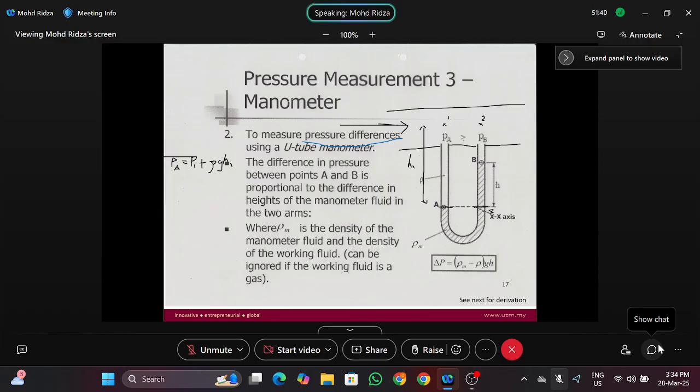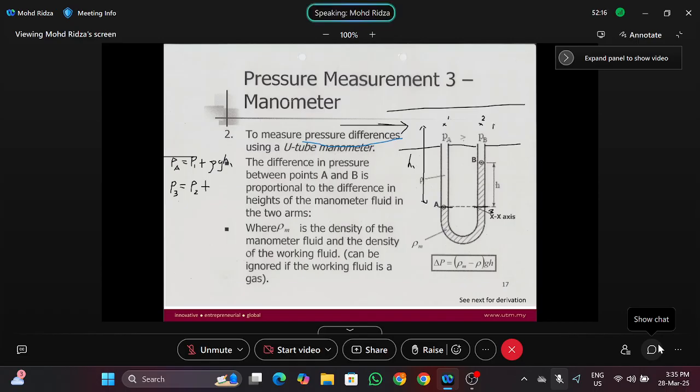What is the equation for pressure at point 3? Let me start at point 2. So P2 plus, because we are going down. Now from point 2 to point 3, actually there are 2 liquids, right? You have the liquid of the pipe and you have the liquid of the manometer. So you have to split into 2.